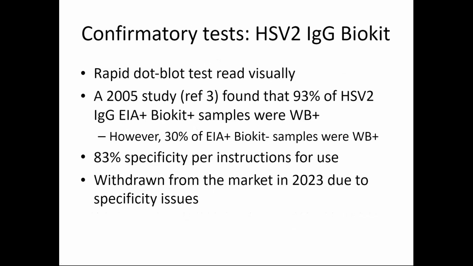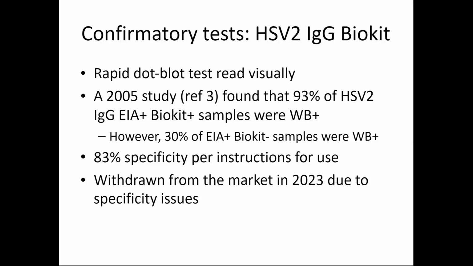Now, another confirmatory test that was available for a while is the HSV-2 IgG BioKit. This was a rapid dot blot test that you just read visually. A 2005 study found that 93% of samples that were HSV-2 EIA positive and BioKit positive were also Western blot positive. So it looked like a pretty good test.